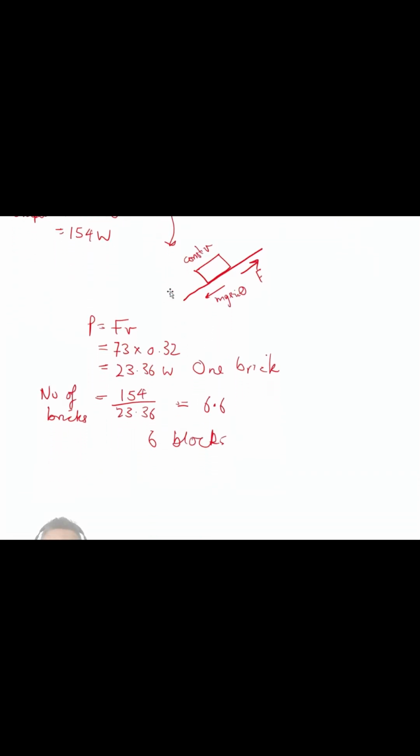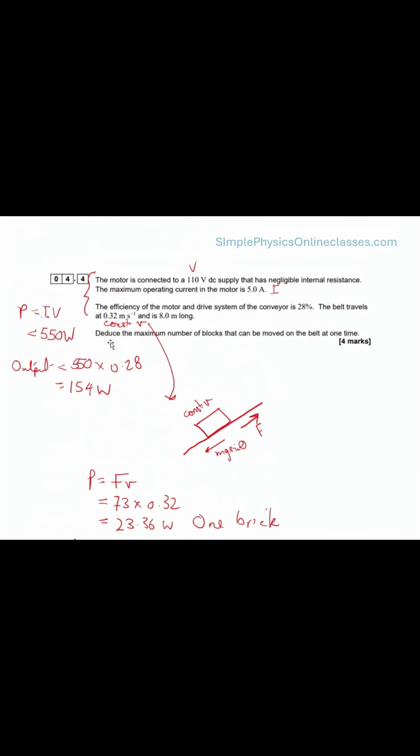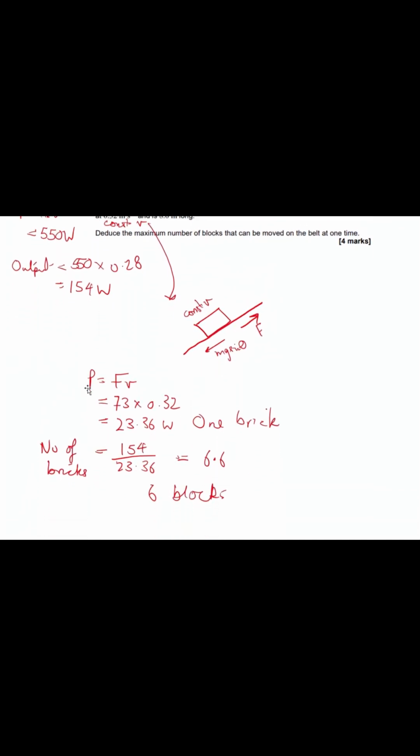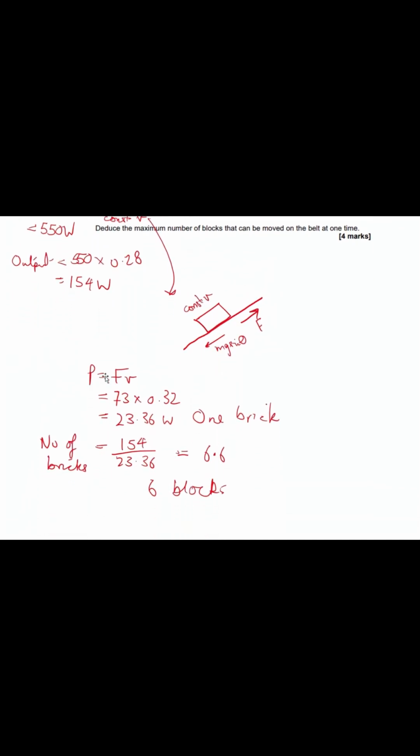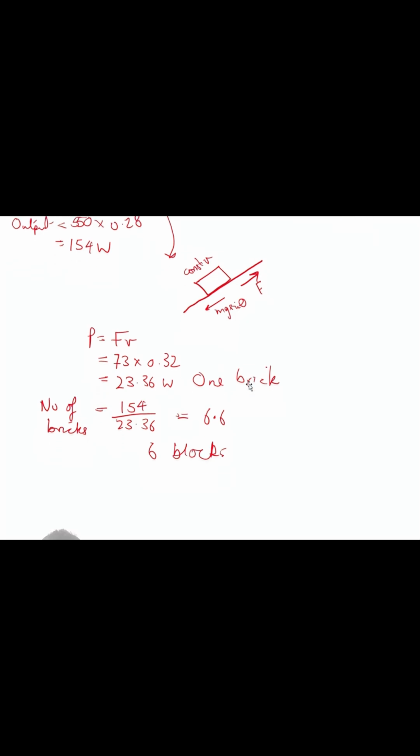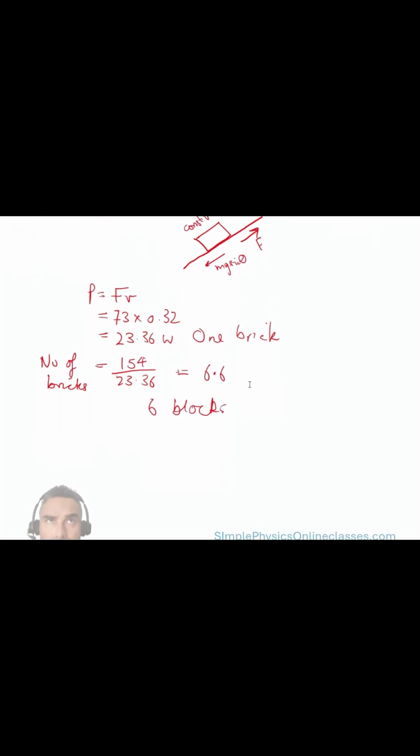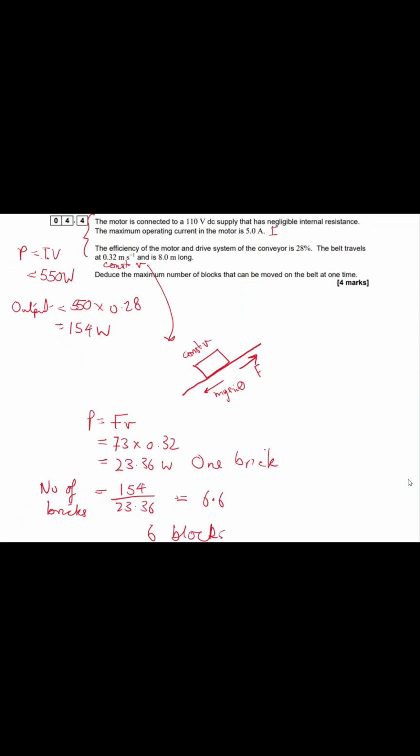So is it worth it? It depends which way your brain thinks. As soon as I saw power, I started using the power way. It's just convenient. Power equals force times velocity pops up there for me. So that's how I would do it. Just to add, if you work out the IV and then do 8 over 0.32, you can work out the time. So you've got IVt for the energy.